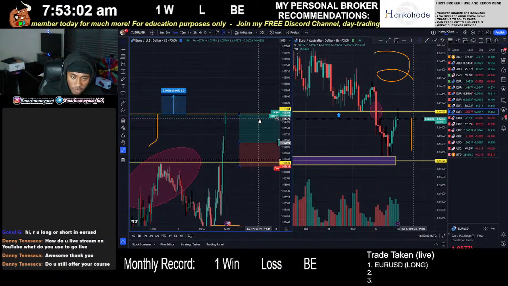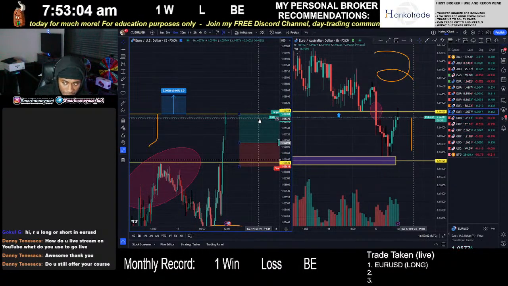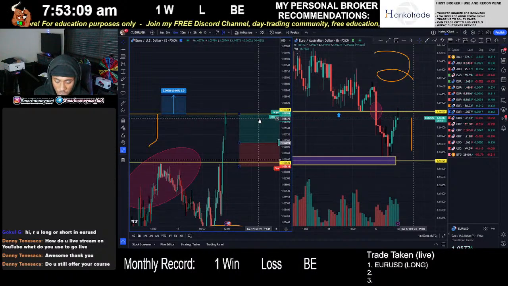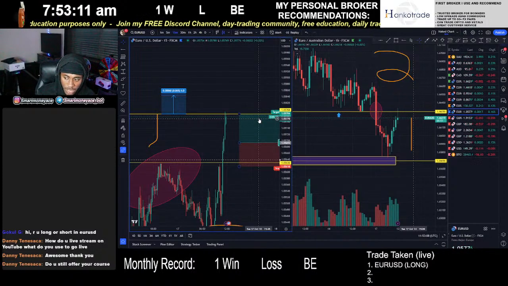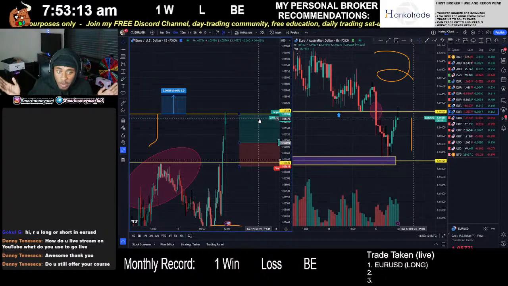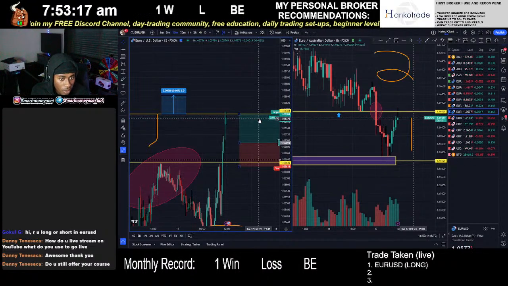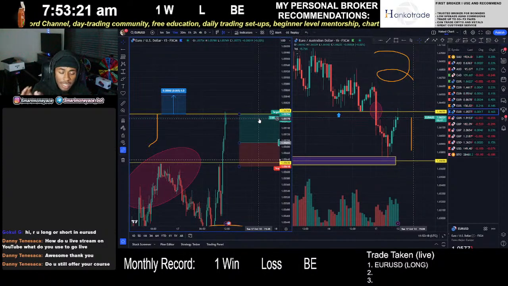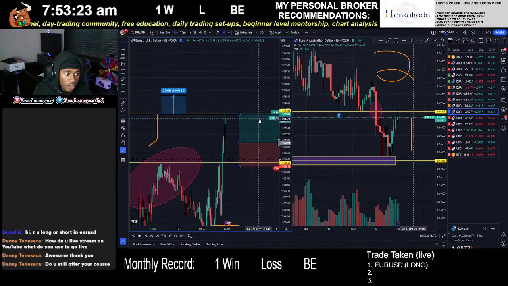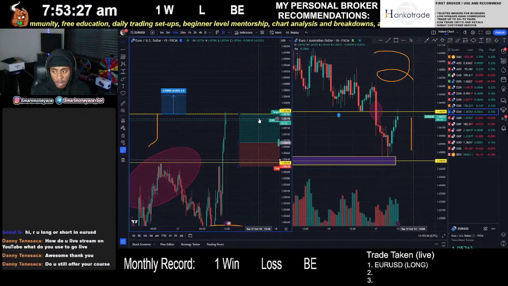So we have a breakout, but remember, whatever comes up has to come down just a little bit if it wants to continue. So in a bullish trend, you need a pullback. In this scenario, we have a lot of bullish traffic. There's no pullback yet. So in this particular trade, since it already hit my 1-to-1, I'm going to close. There's no reason why I should stay in this position until I have that pullback. So I'm going to wait for that pullback to have a pullback entry before news.